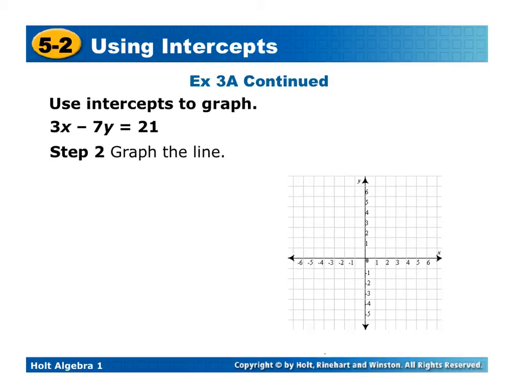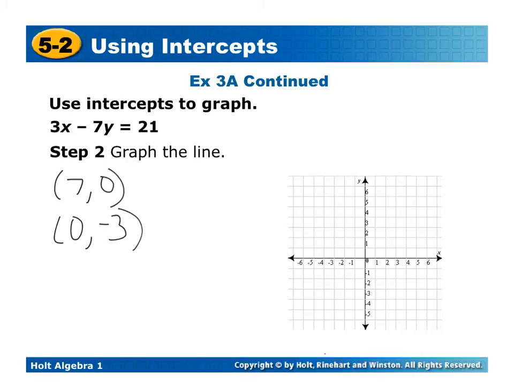Well, now that we have our intercepts figured out, we can actually use those to graph. So if you remember, our x-intercept was 7, 0, and our y-intercept was 0, negative 3.